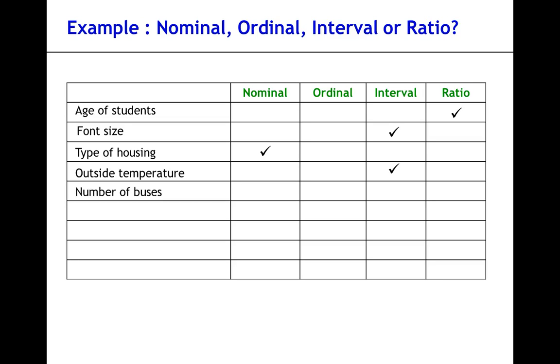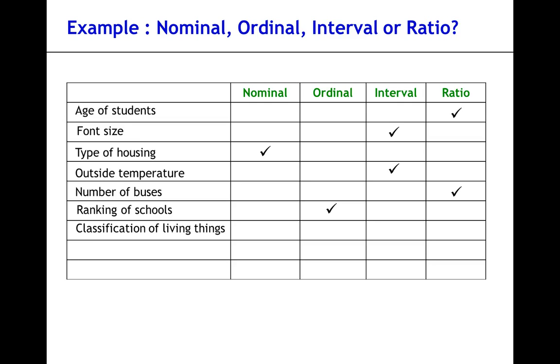For number of buses, absolute zero is involved, and multiples in numbers are meaningful, so that's ratio scale. For ranking of schools, data are arranged by rankings, but the difference or the distance between the ranks may not be meaningful, so that's ordinal.